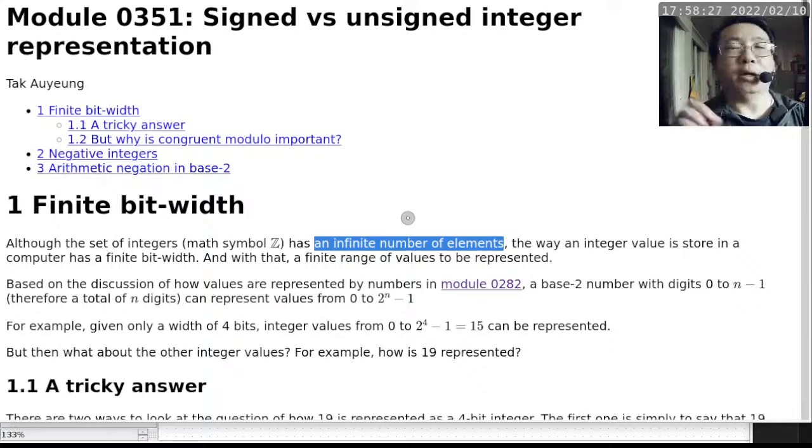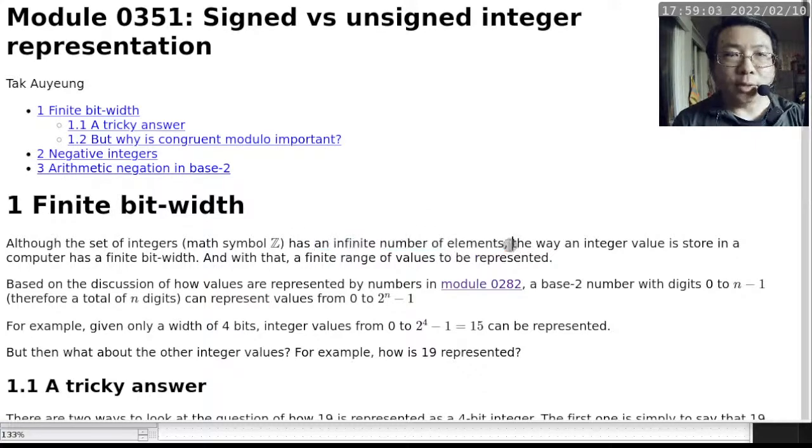Or if you claim this value is the smallest integer, or the most negative integer, then I'm going to ask, what about that value minus 1? It is also an integer, and now it is one less than the one that you thought was the smallest, right? Or the most negative. So it doesn't work. That means we have an infinite number of elements when you look at the set of all integers. Or if you don't know what a set is, this is just a fancy way of saying there's an infinite number of integers.